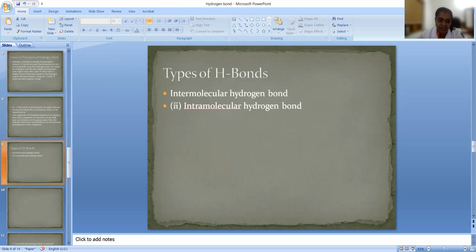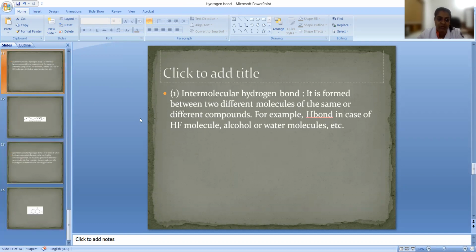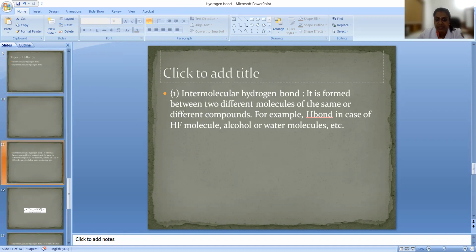Now let us see the types of hydrogen bond. There are two types of hydrogen bond: intermolecular hydrogen bond and intramolecular hydrogen bond. Let us see the difference between them. Intermolecular means between the molecules, the hydrogen bond is forming.